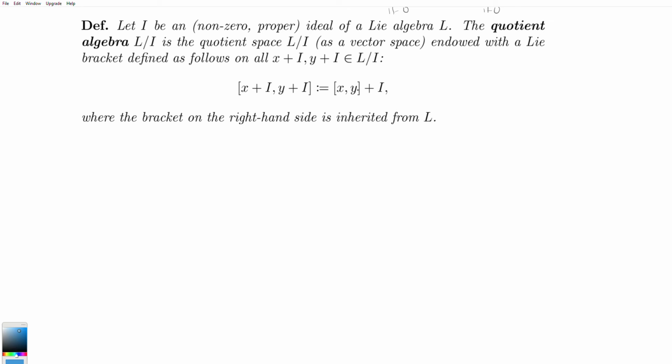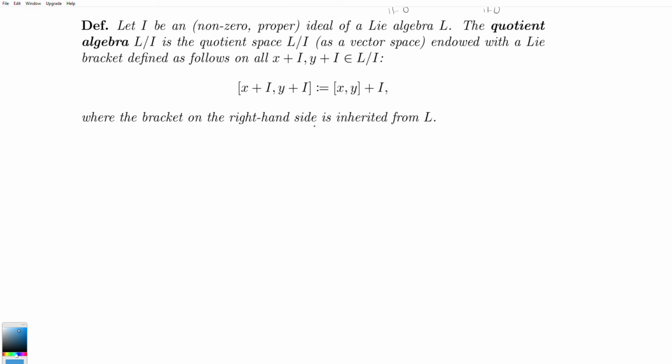Okay? And so I recommend you look up, if you've never seen the quotient construction before, I recommend just looking it up, or I might post a link in the description. And the reason is it's a pretty straightforward thing, so I think you could just pick it up on your own if you haven't seen it. And you should have seen it in linear algebra.